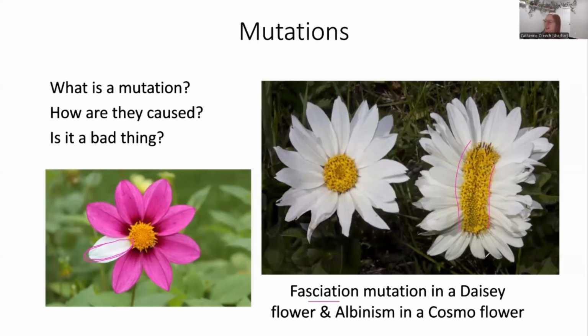And so you get this extra long and wide daisy that has more reproductive parts than it ought to. And so that mutation may or may not be a bad thing for that flower. If it still gets fertilized and reproduces, then your flower probably doesn't care.